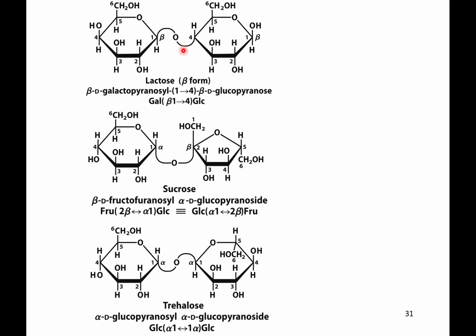So that's why the glycosidic bonds are drawn a little bit funky: to keep the carbons in the same relative orientation to one another, but they don't actually show the exact structure.